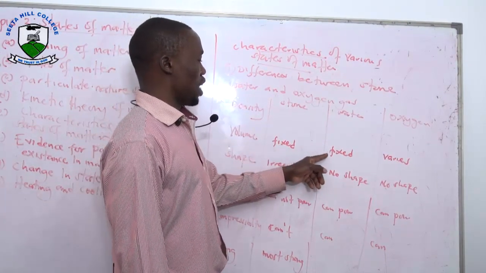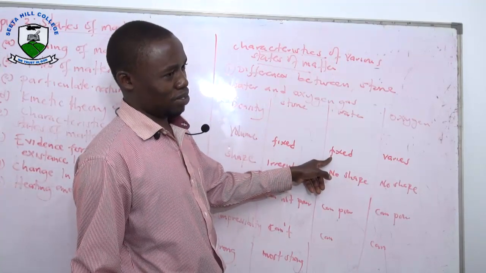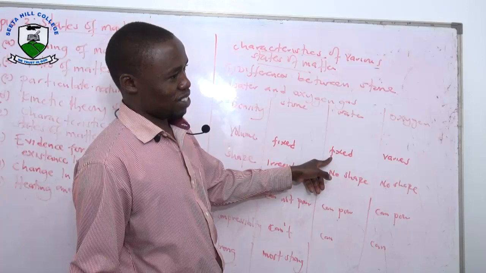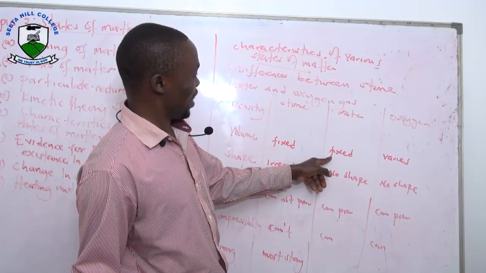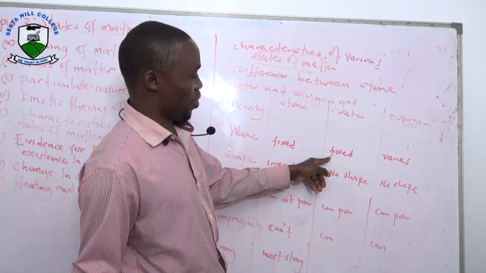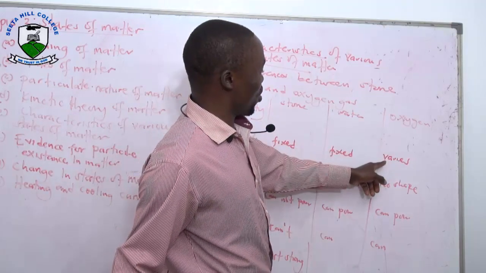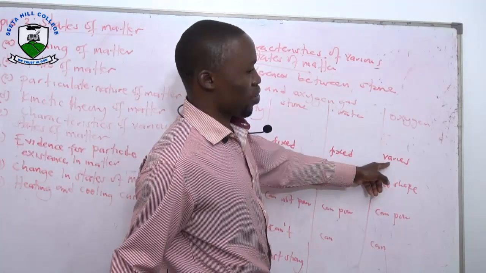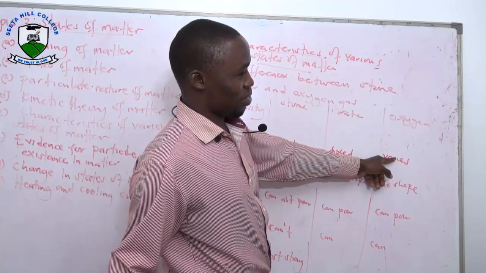Then you say the water has a fixed volume. That's correct. Then you said oxygen's volume varies. Okay?